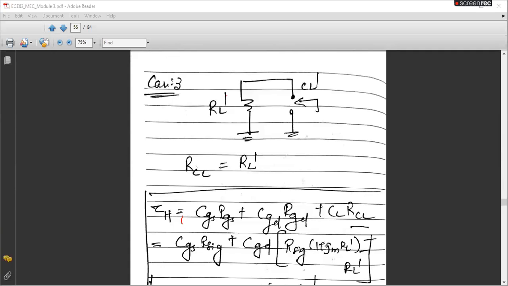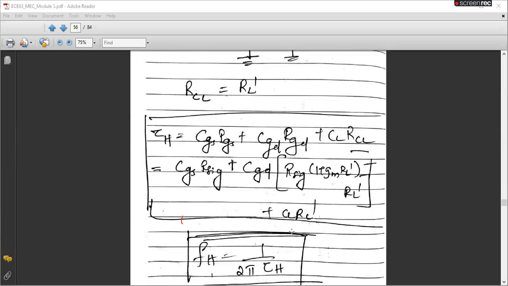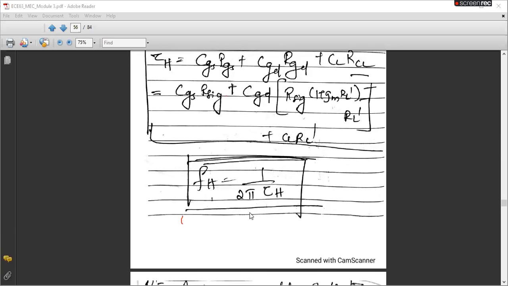Case 3, RCL is equal to RL dash. So tau h is RSig into CGS, plus CGD into RSig into 1 plus gm RL dash plus RL dash, plus CL into RL dash. Case 1, case 2, case 3, all the three results have been added. Then you can take the reciprocal of the sum, that will be your omega h. Once you get omega h, divided with 2 pi, that is your fh. That means directly you can write fh is equal to 1 by 2 pi into tau h.